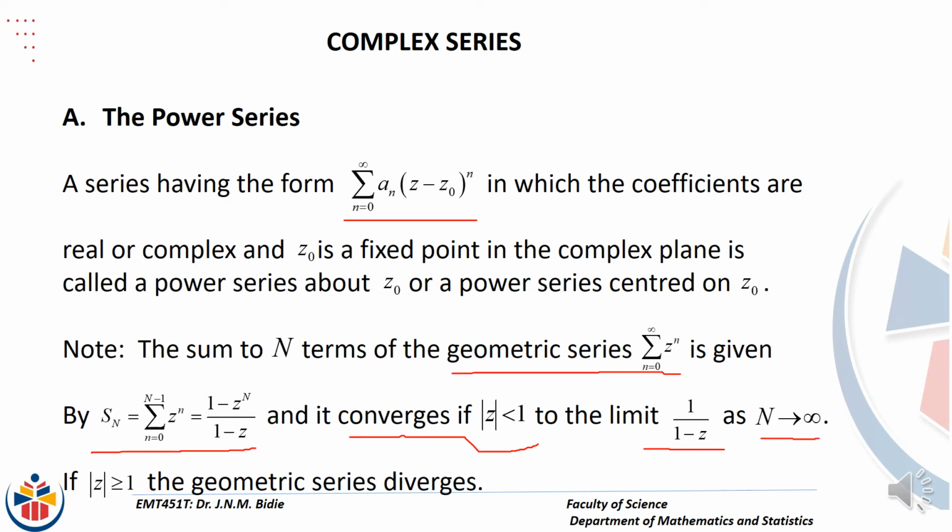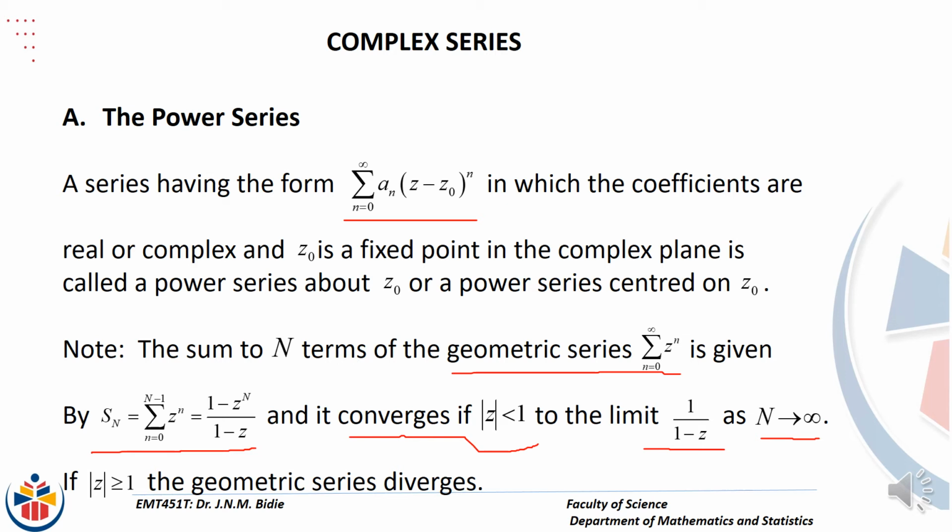Hence, you'll find in some books they simply write the sum to infinity is equal to 1 over 1 minus z, because this series converges to 1 over 1 minus z as n approaches infinity within this circle of radius 1 centered at 0.